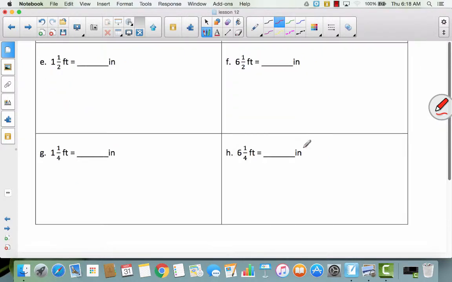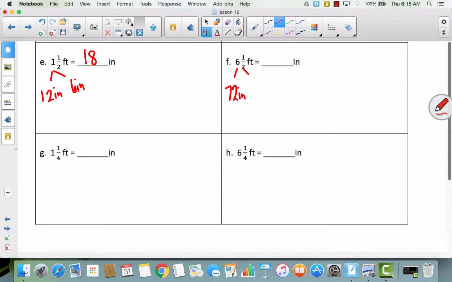All right, let's keep going. If there are 12 inches in a foot, and then there would be 6 inches and a half of a foot, then that would be a total of 18 inches. All right, so we've got 3 left. If I have 6 feet, that would be 6 times 12, which would be 72 inches.